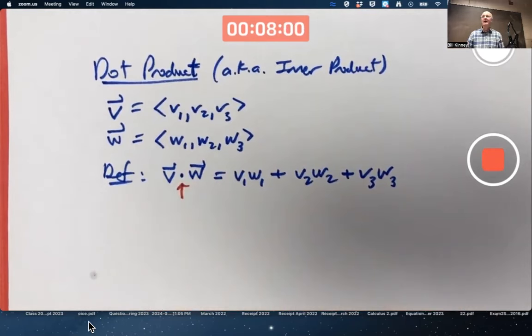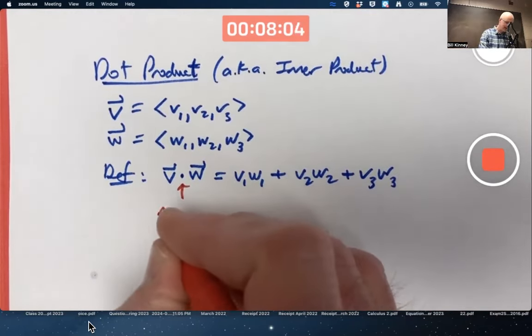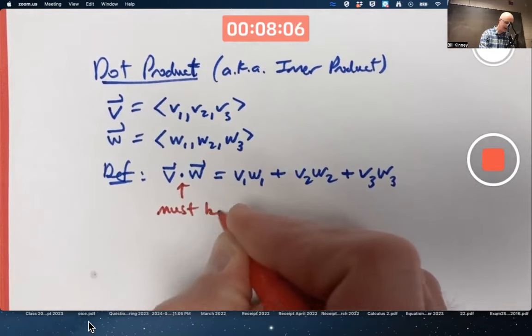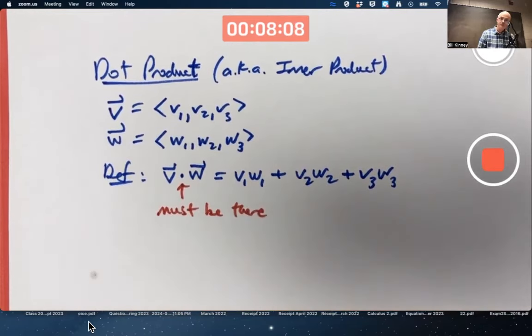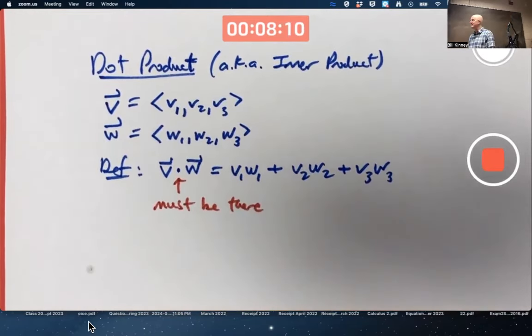The dot, and I'm going to be a stickler about this and tell the graders to be sticklers, must be there. This must be there. Don't just put the V and the W next to each other without a dot when you mean dot product. Now, there's some teachers who might not penalize you for forgetting the dot. So there's some sloppiness out there. But I want you to put the dot there.